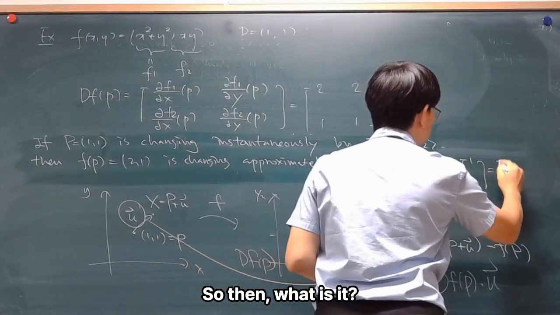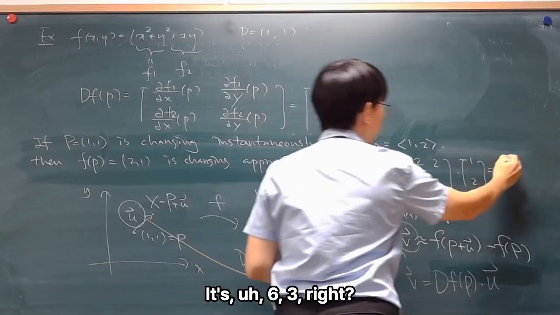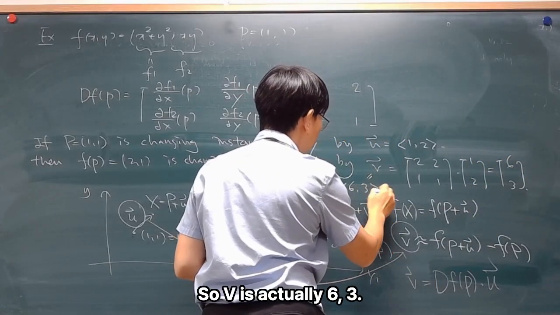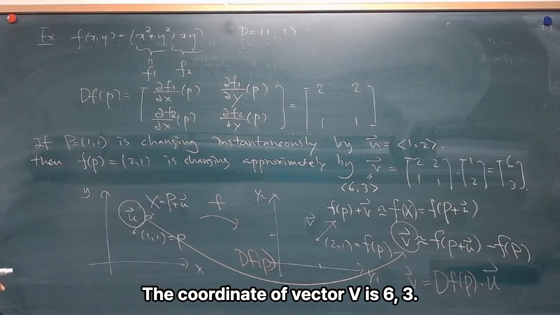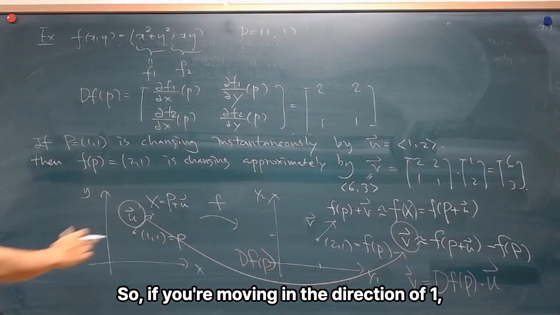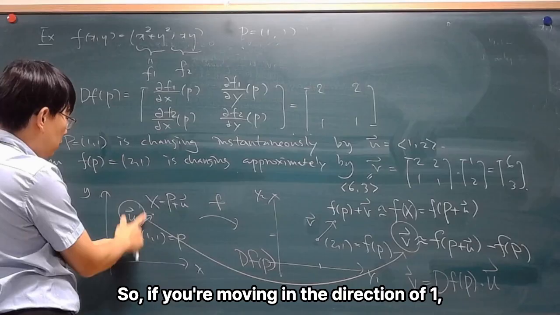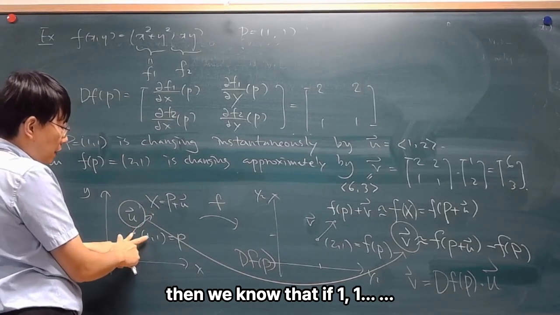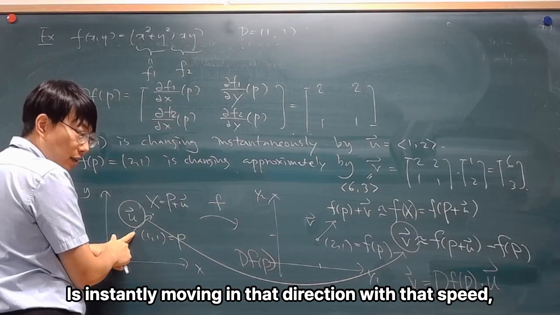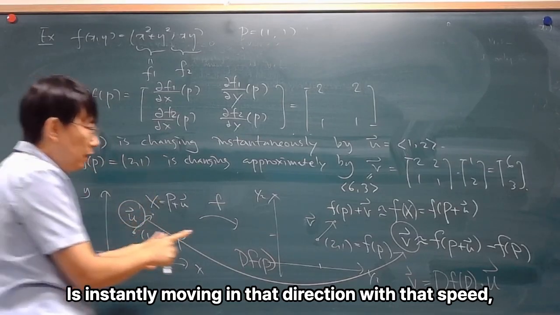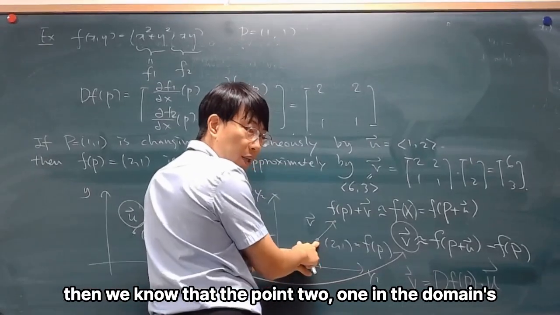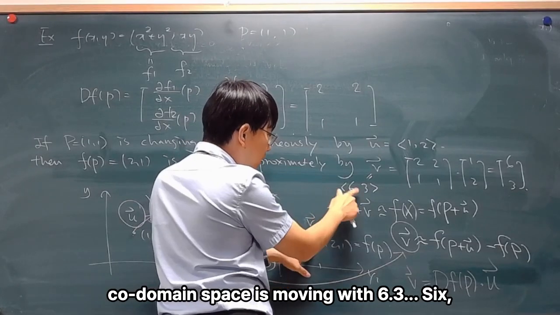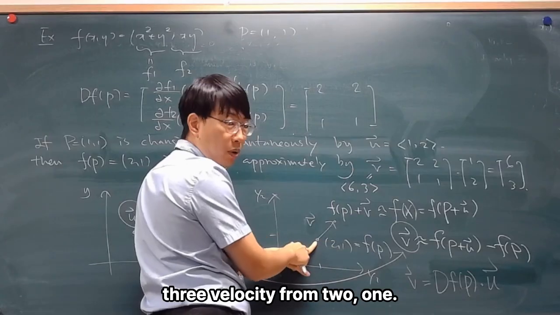So then what is it? It's (6, 3), right? So v is actually (6, 3). The coordinate of vector v is (6, 3). So if you're moving in the direction of (1, 2), let's say that's u, then we know that if (1, 1) is instantly moving in that direction with that speed, then the point (2, 1) in the codomain space is moving with velocity (6, 3) from (2, 1).